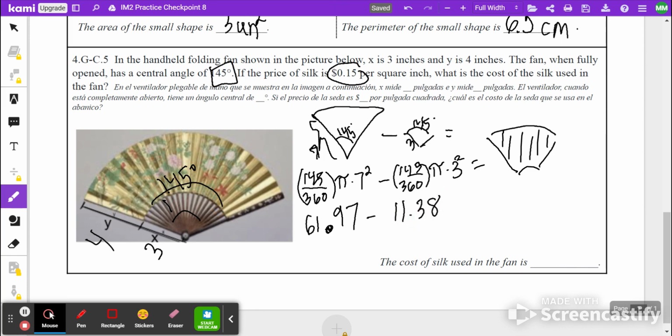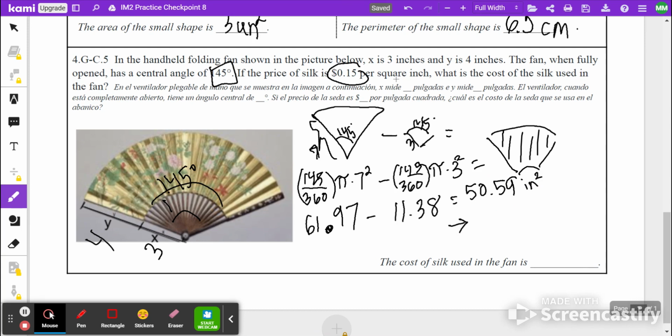So I'll do 61.97 minus 11.38, and that gets me the area of the silk is 50.59 inches squared.